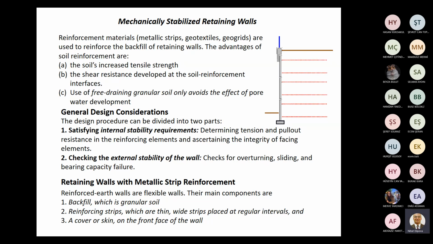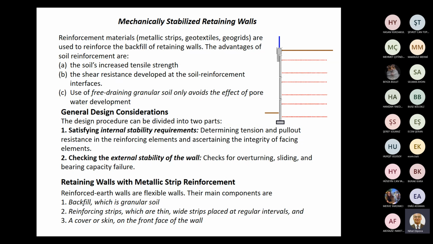In this method, reinforcement materials may be metal strips. For example, in Turkey, it's very common. Almost all of the walls are made of metal strips. We can use geotextile as reinforcement or geogrids anyway.